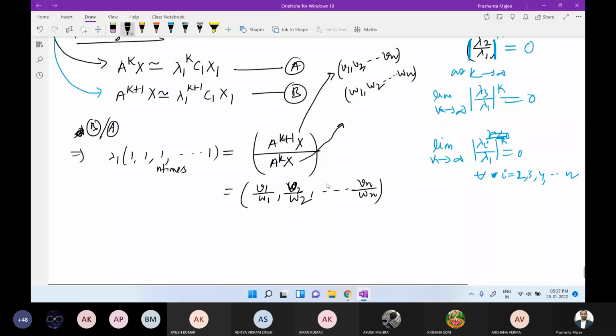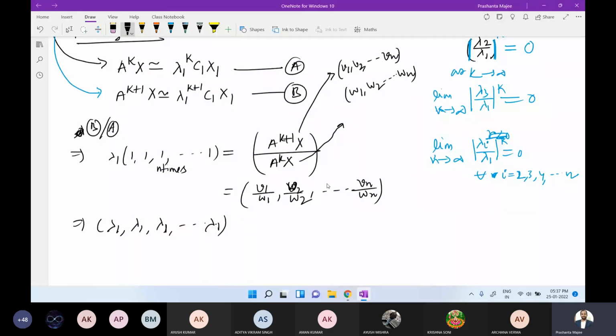So that is what you are talking about. You see, lambda 1 can be taken. Left hand side we have lambda 1, lambda 1, lambda 1 up to lambda 1 n times. What we have on the right hand side? We have these n coordinates v1 by w1, v2 by w2 up to vn by wn.